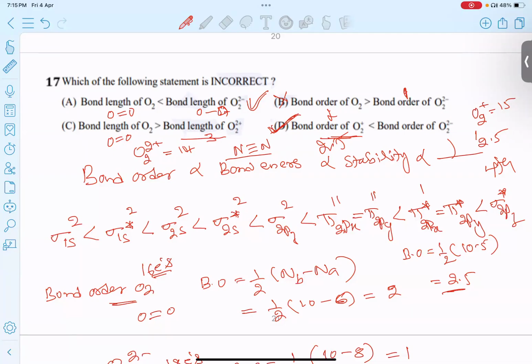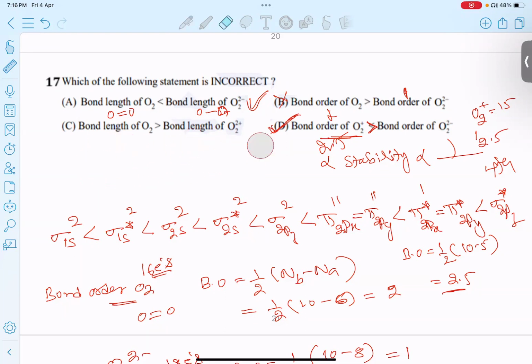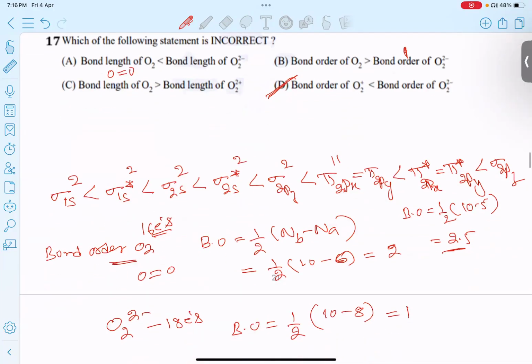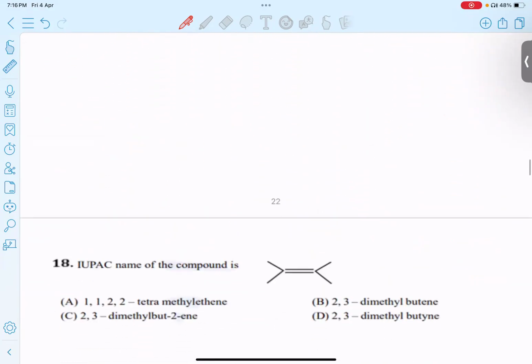The actual statement is like this: bond order of O2 plus is greater than bond order of O2 2 minus. Okay. The correct option for question number 17 is D. Next, let us go to the next question.